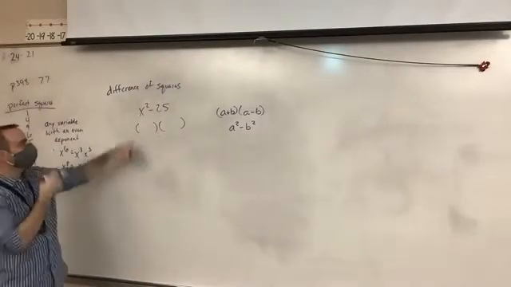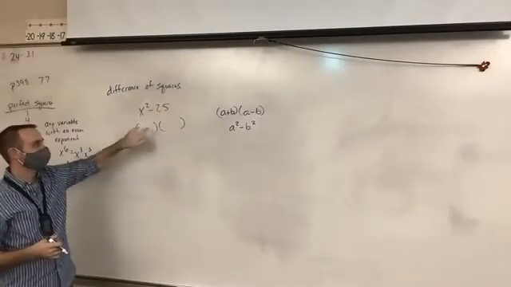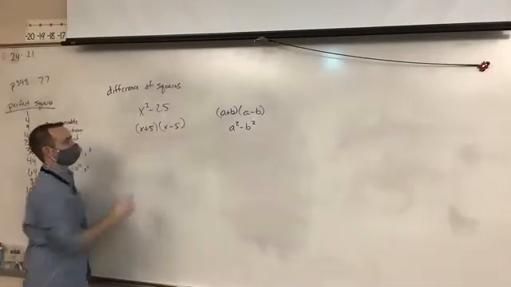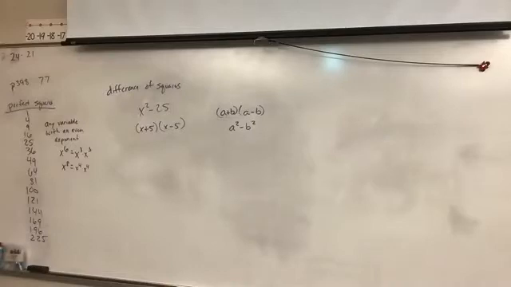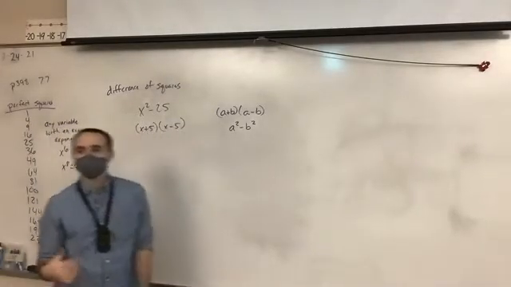So really, we're just saying what times itself gives me that, and those are my two values. So here I would have x plus 5, x minus 5. We're going to be able to do this anytime we have that difference of squares.